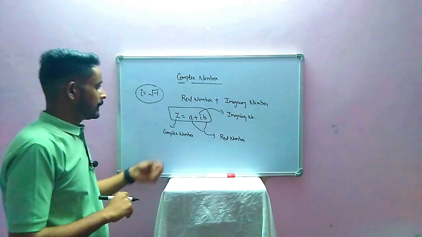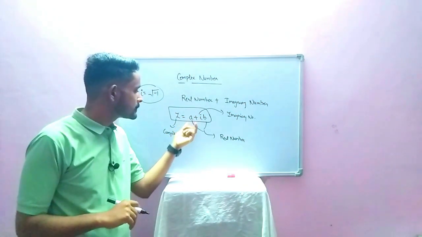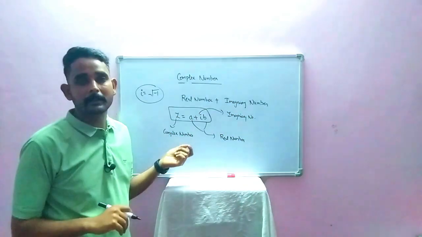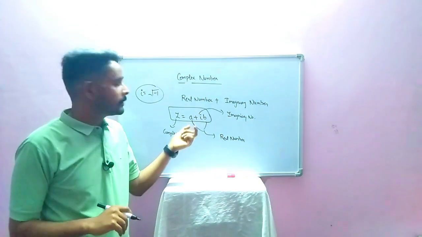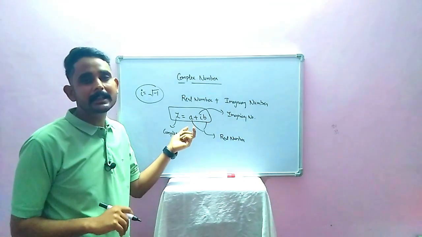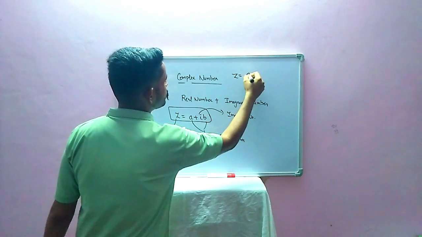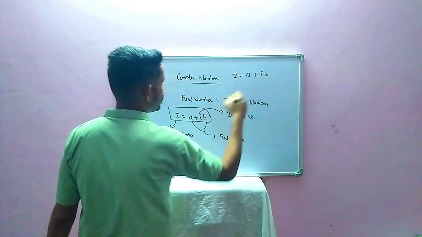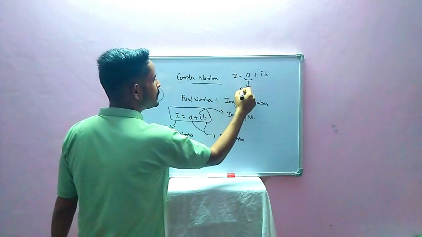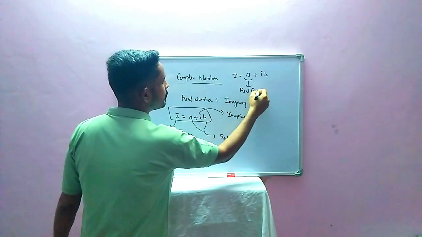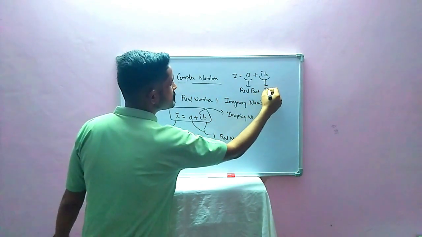Now, in this complex number, there are two terms, a and iota b. First term is a, and second is iota b. The first term is called the real part of your complex number. In z is equal to a plus iota b, a is your real part and iota b is your imaginary part.